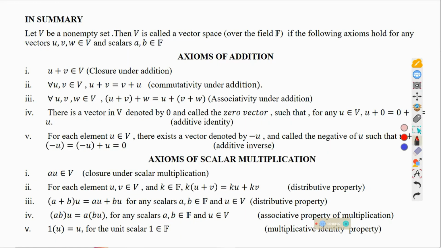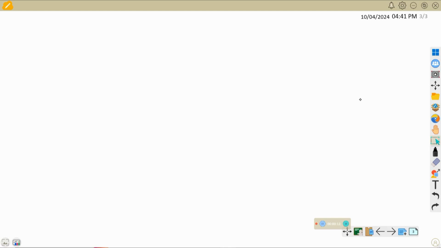We look at axiom number 3. Axiom number 3 is about associativity under addition. So let us consider our x, y, and z picked from R to the power n. So we have already defined all this.